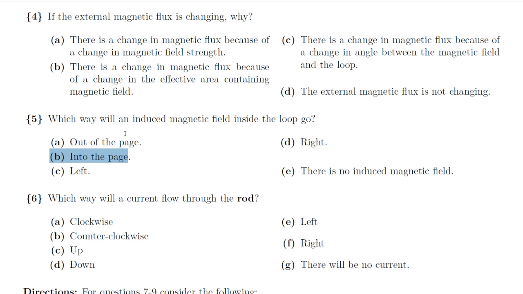So in that case, you would have pointed something out of the page to counteract the increase. That's what I meant by that. But in this case, it's a different story.